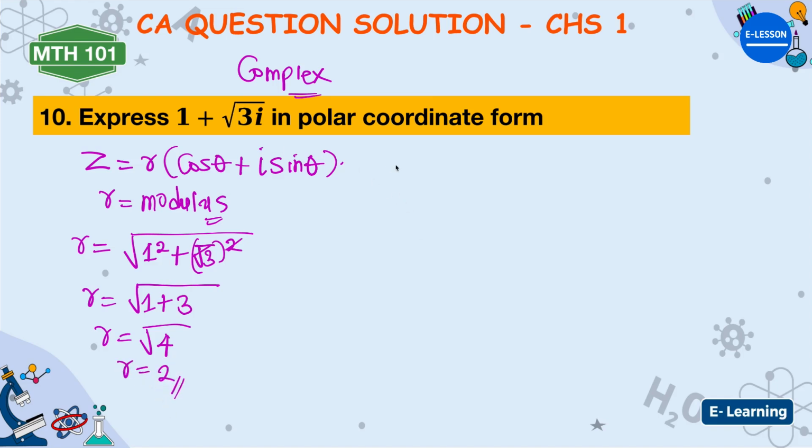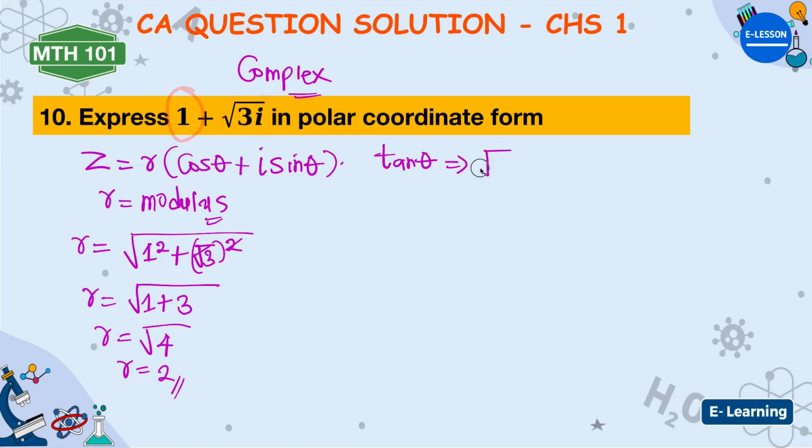Now, how do you get theta? Tan theta is always equal to what you have here over what you have here. That means what you have in the imaginary part over what you have in the real part. Every complex number has a part called the imaginary part. The part that carries this i is the imaginary part. All over the real part, which is the one without the i.